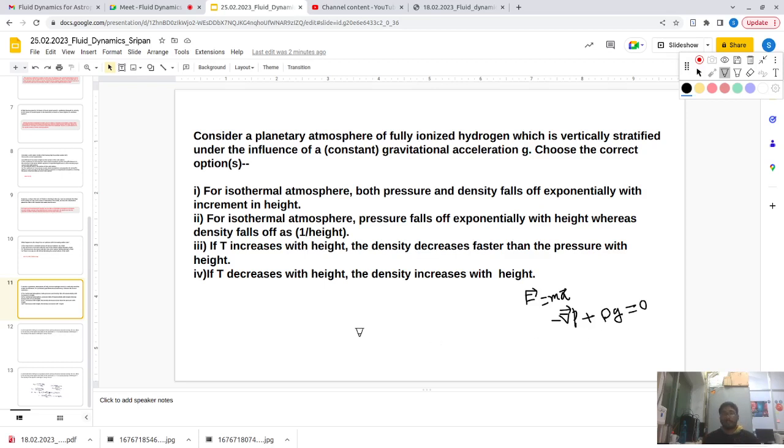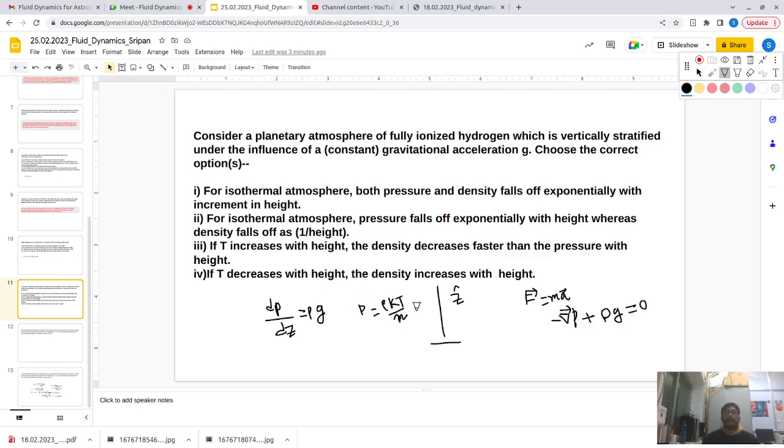Now using this equation, if the vertical height is in the z direction, we have dp by dz equals rho g. Now how many unknowns do we have? We have pressure, we have rho. Now there is the ideal gas law equation of state, that p is rho kT by m, right?